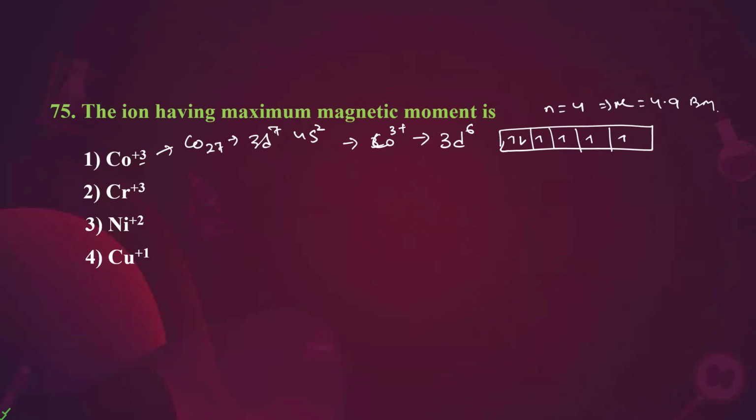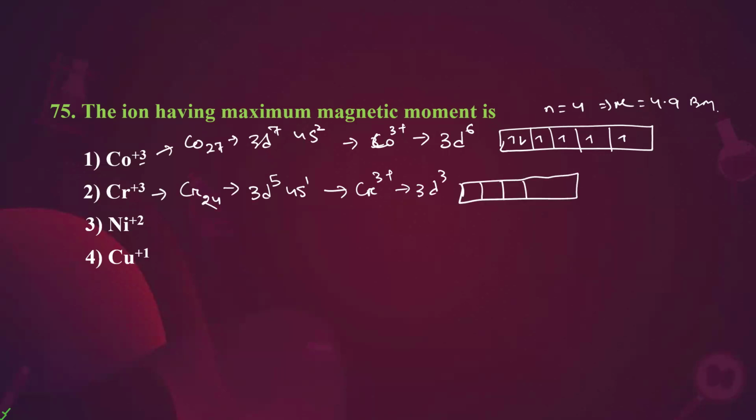Okay, so here you have chromium. Chromium has atomic number 24, so 3d5 4s1. So you will get Cr3+ as 3d3. It will have 3 unpaired electrons, so n is equal to 3, mu will be 3.9 BM.